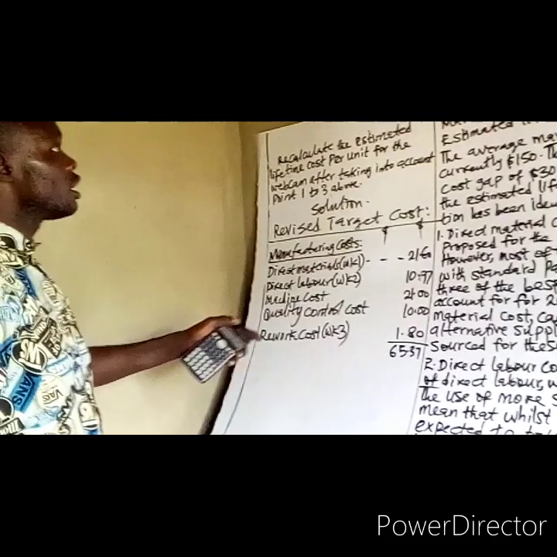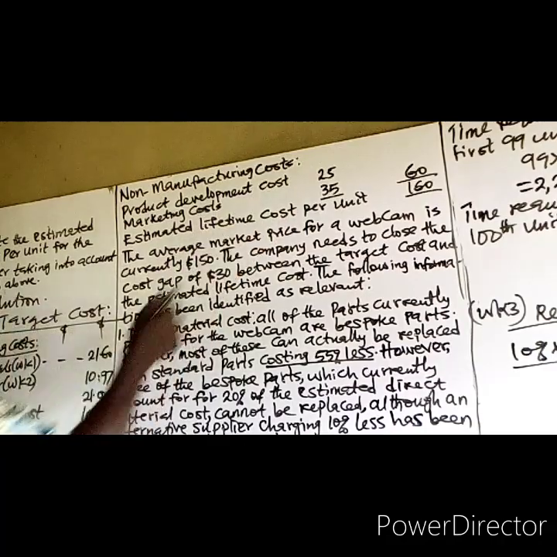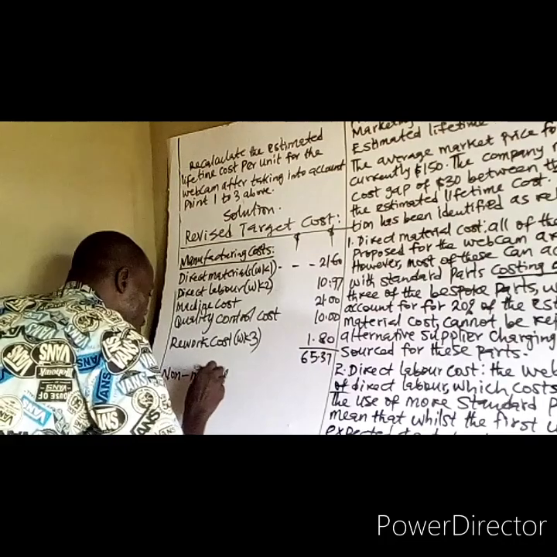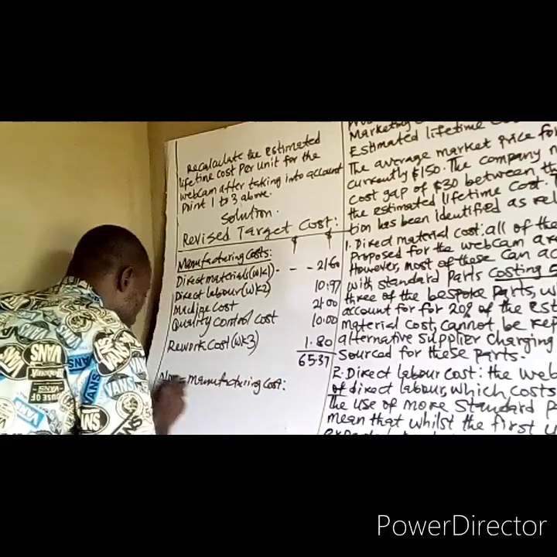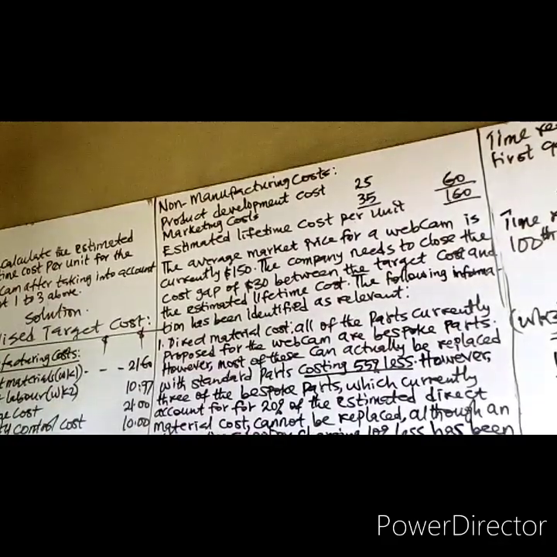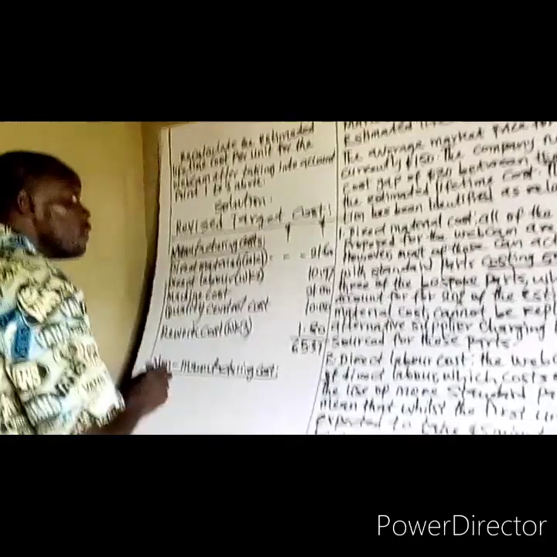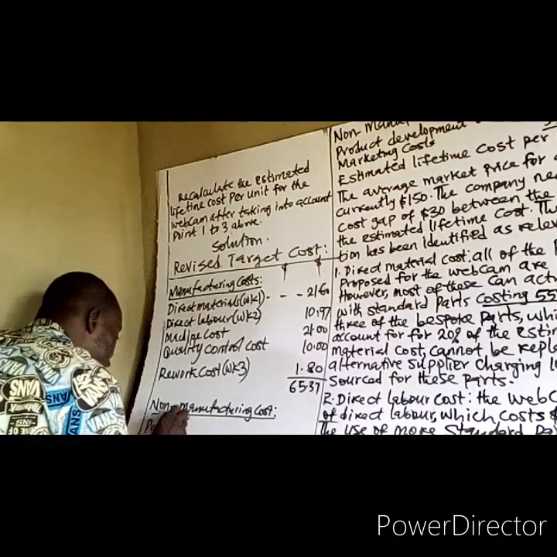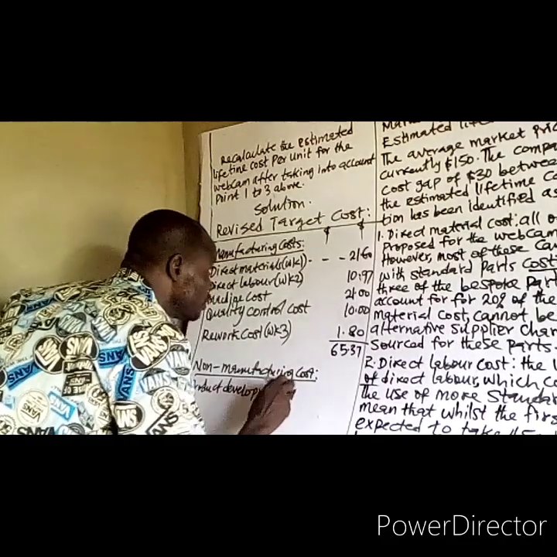Aside from manufacturing cost, we also have non-manufacturing cost, which comprises product development cost of $25, with no further note on that, and marketing cost of $35. So we have product development cost, which is given to be $25.